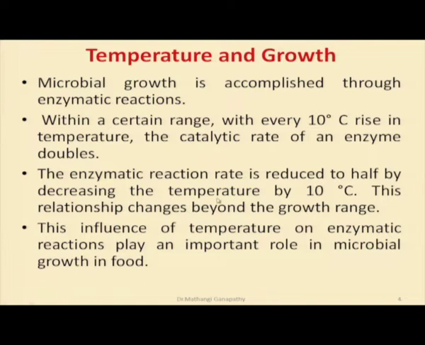Below optimum, the microbes still survive and the enzymes do act but at a slower rate, and as the temperature increases, the activity will slowly reduce until the enzyme gets degraded when the temperature goes beyond a particular level. This enzymatic reaction is reduced by half by decreasing the temperature by 10 degrees centigrade, and this relationship changes beyond the growth range. The influence of temperature on enzymatic reactions plays an important role in microbial growth in food.